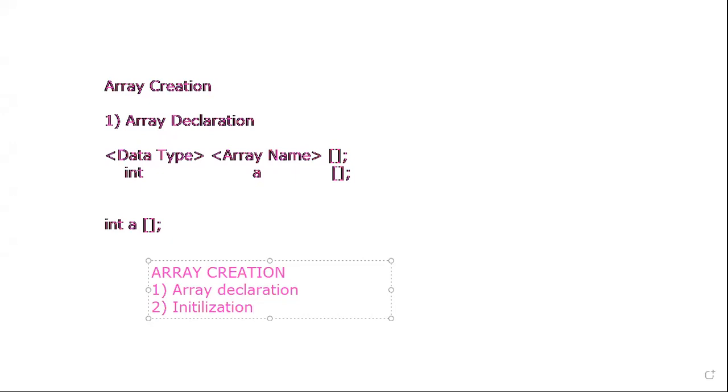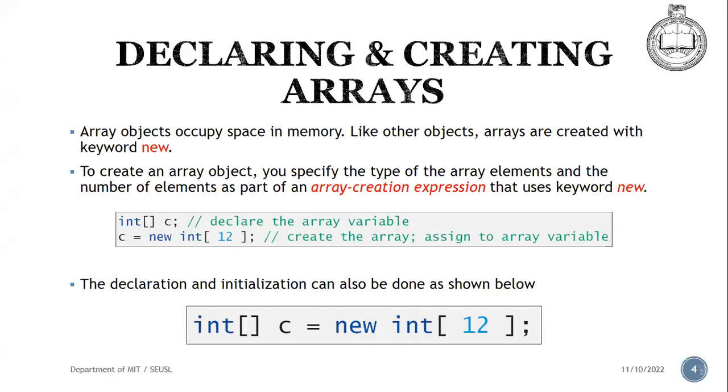Someone has already sent me declaration, initialization. So in the array creation process, the first part is array declaration, then array initialization. This is the summary of what we have discussed up to now. I hope that should be clear to everyone. Shall we move forward?